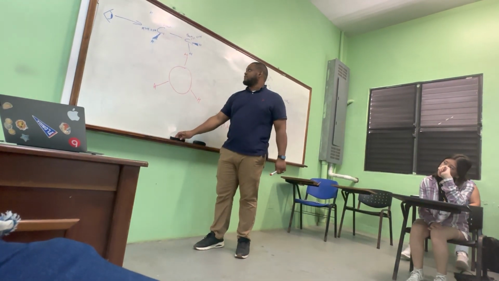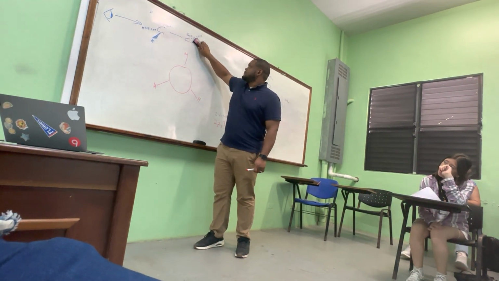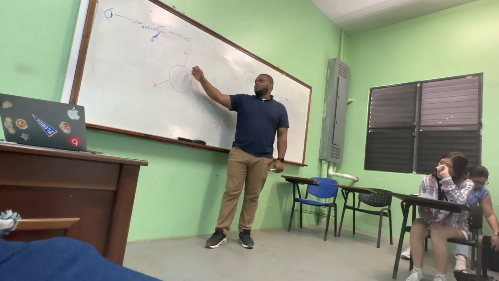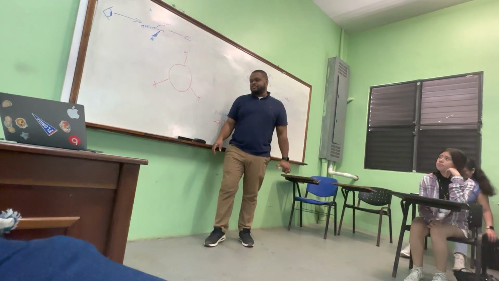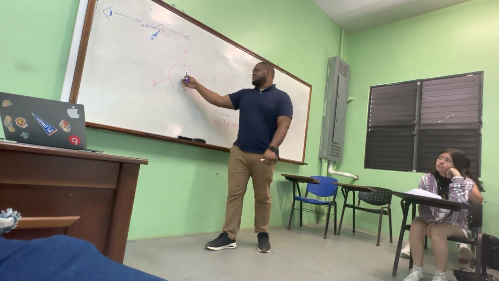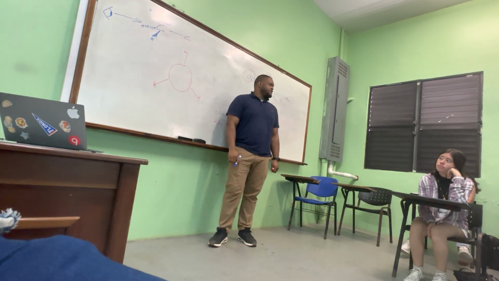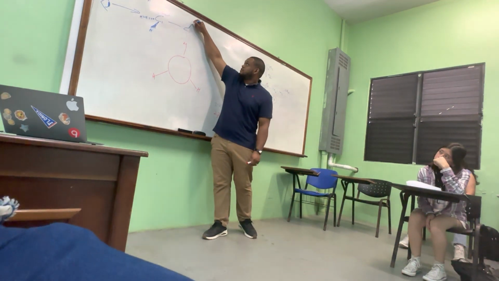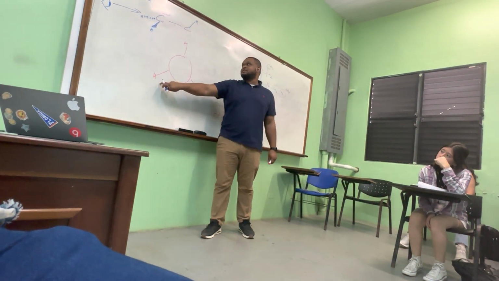How would we draw this differently if this is the back carbon? What would look different here? Think about it. Where would we put a hydrogen first? If this is our back carbon, where does the first hydrogen go? On the top, right here. And then where is this hydrogen?